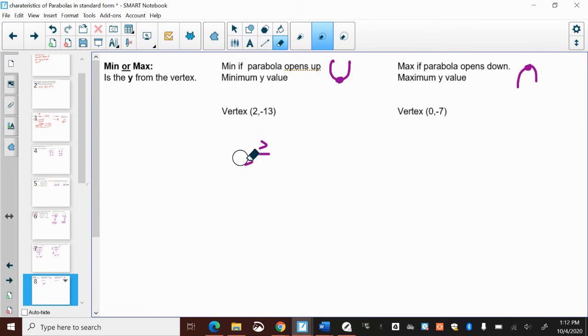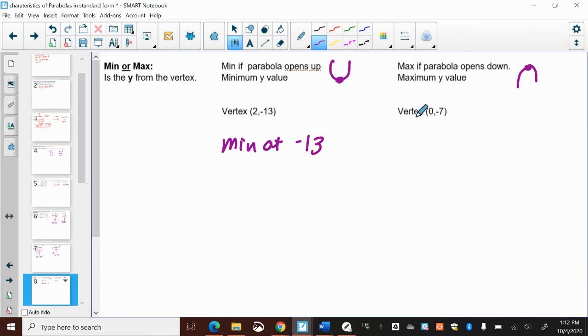I was answering the range. The way we're going to write this out is we're going to have a minimum at the y value, negative 13. Since the other equation was opening down, we're going to have a maximum at negative 7.